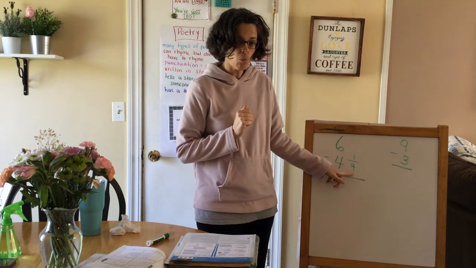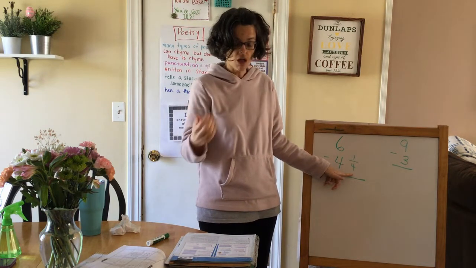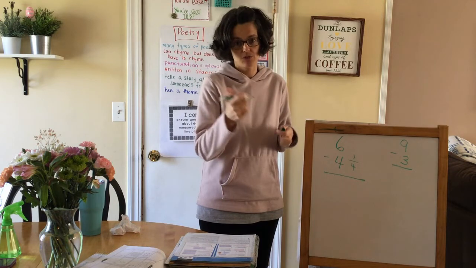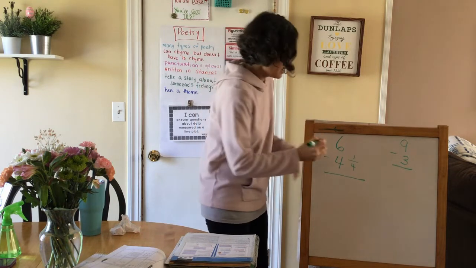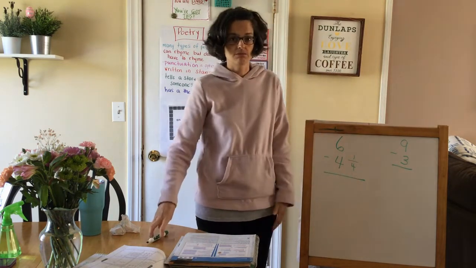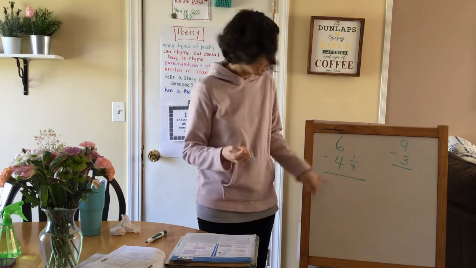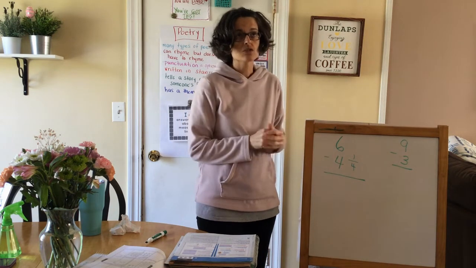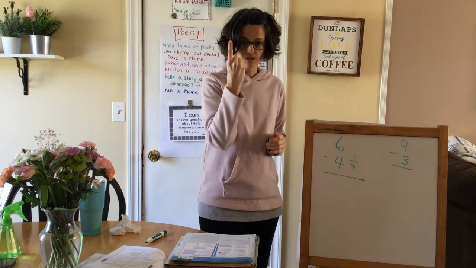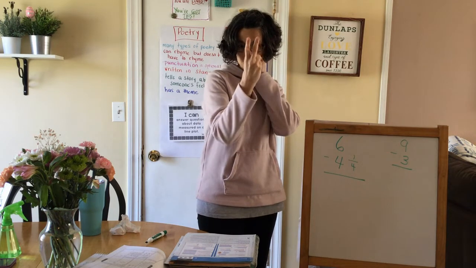I want to get from 1/4 to a whole. How many do I need to count up to? All right? Well, let's think about this. We know that 4/4 is the whole, right? I already have 1/4. So 2/4, 3/4, 4/4.